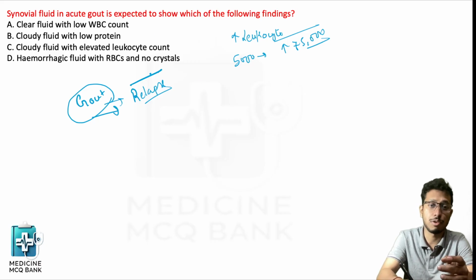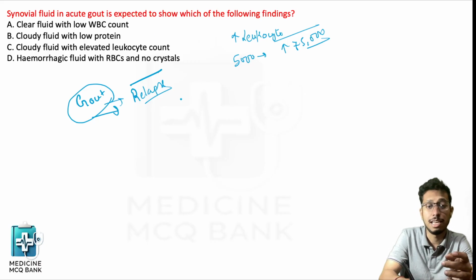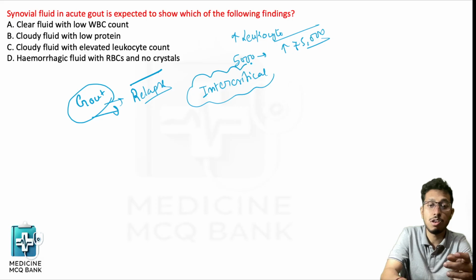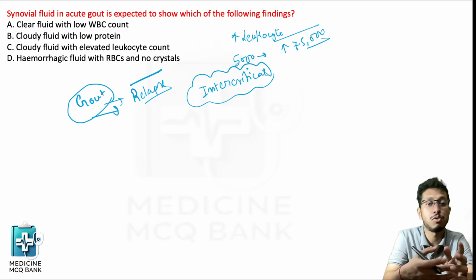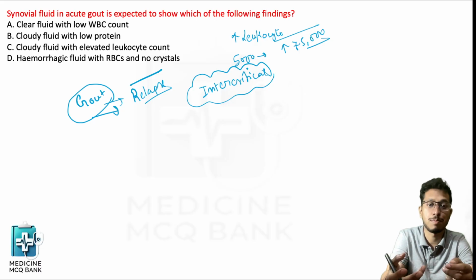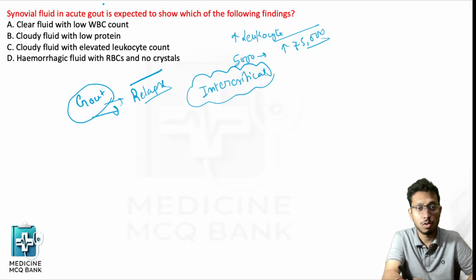In such cases, you can obviously go for arthrocentesis in the intercritical period, when there is no pain at all, in a non-inflamed joint like the knee, and check what kind of appearance and what kind of crystal is present to make the proper diagnosis.